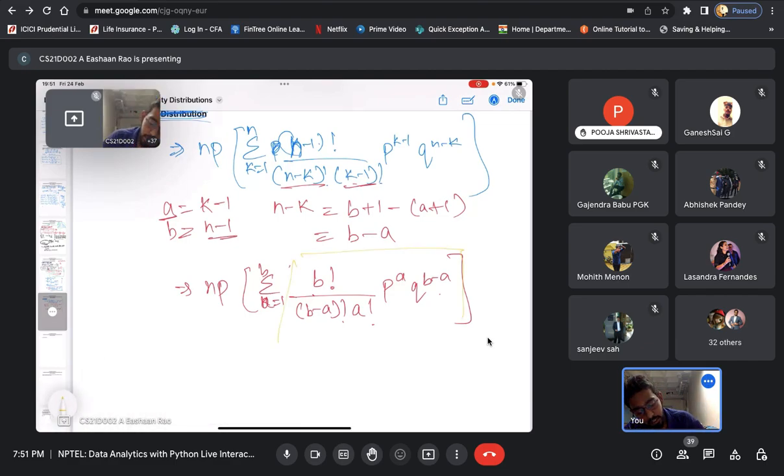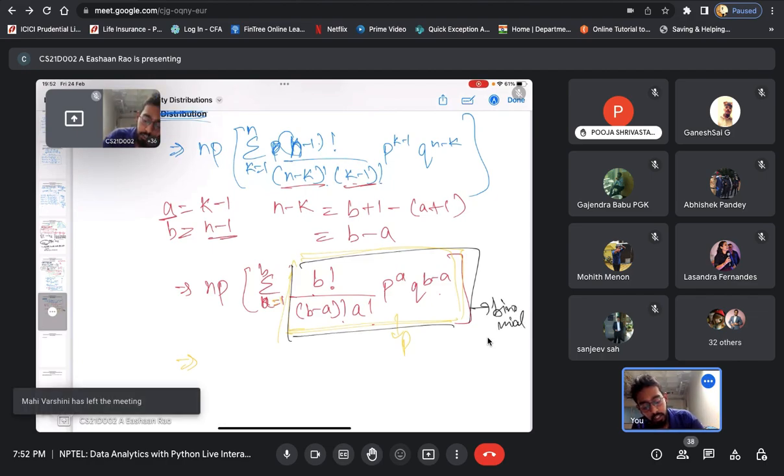Okay, now if you observe this factorial part, you can see that it is a binomial term. The summation from a to b usually accounts for 1, because this is the probability of a binomial distribution, and the summation of all the binomial probabilities comes down to 1. So again this is a binomial distribution, and I'm getting a probability for each instance from a equal to 1 to b.